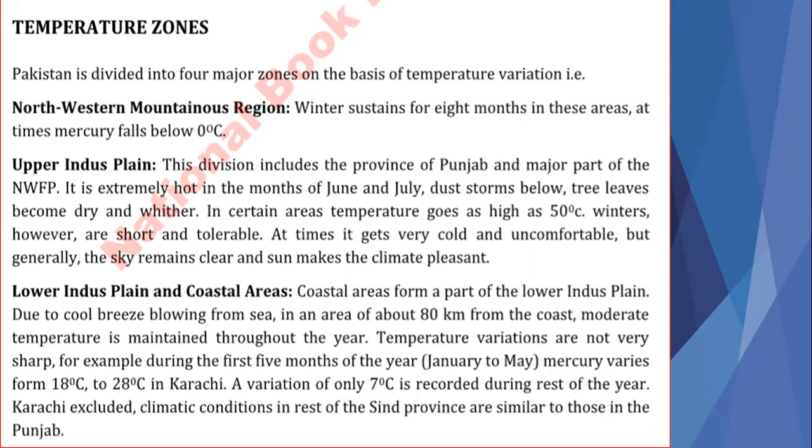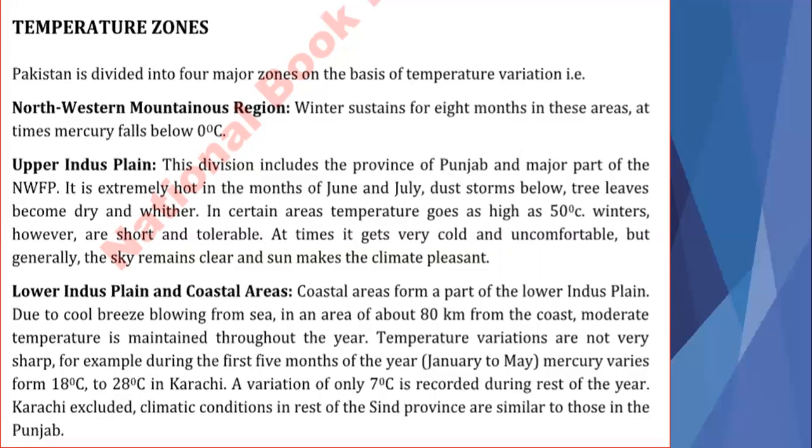Lower Indus Plain and coastal area: these are the areas near the sea, and in this area, about 80 kilometers from the coast, moderate temperature is maintained throughout the year, and the variation of temperature is not very sharp.